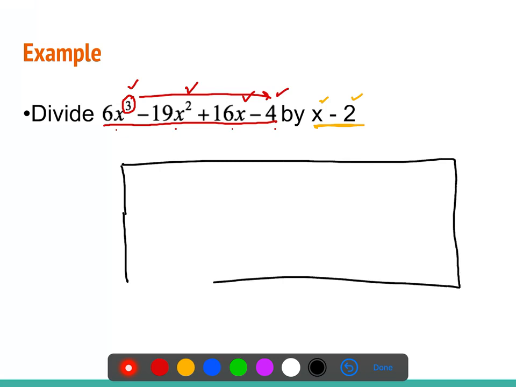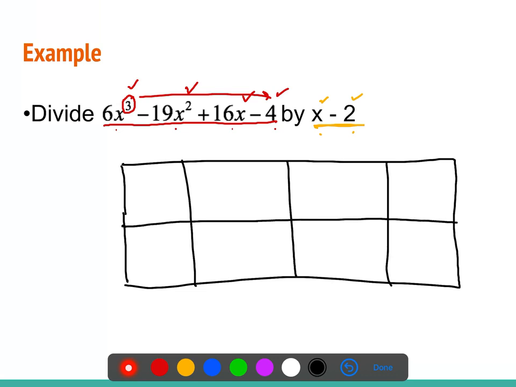Now, I'm going to go back to the dividend. It has 1, 2, 3, 4 terms. So I'm going to make a box. And I'm going to make sure it has enough for 4 columns.